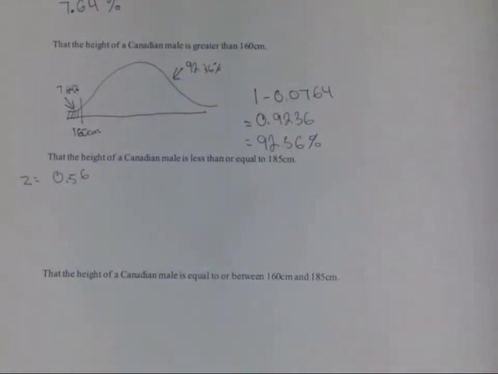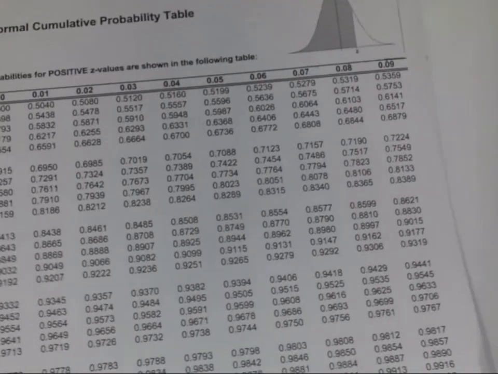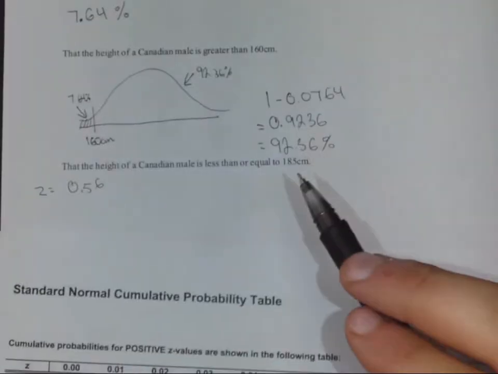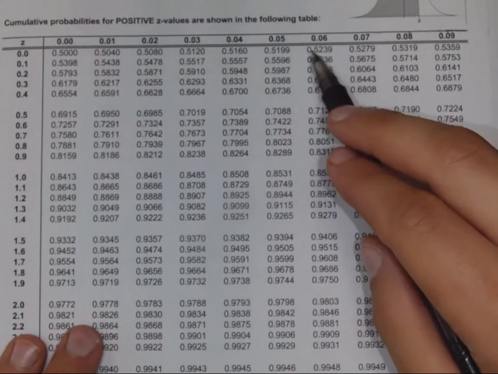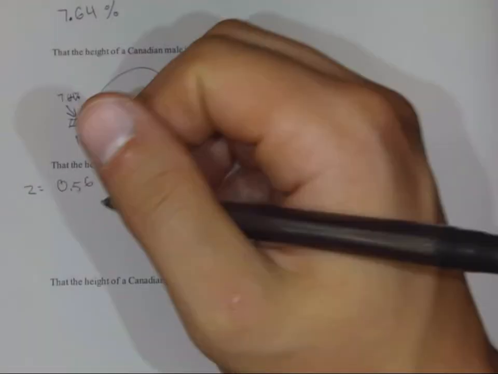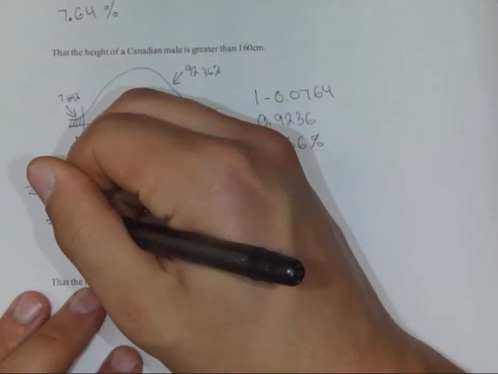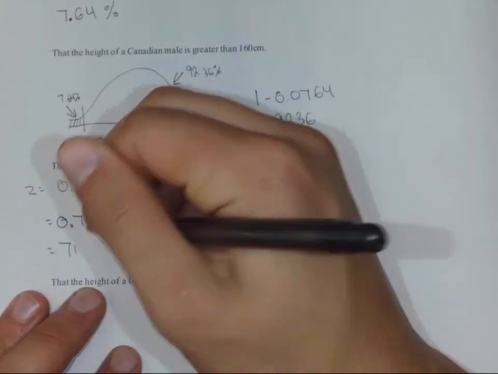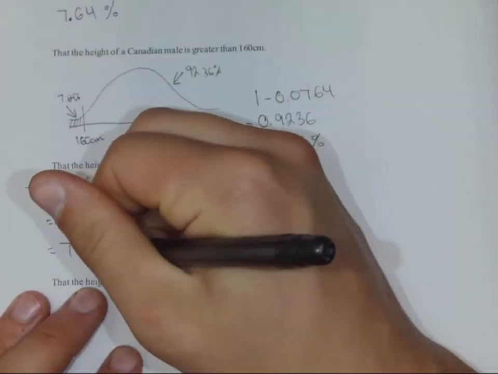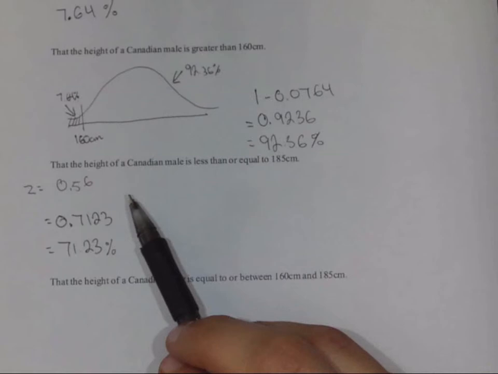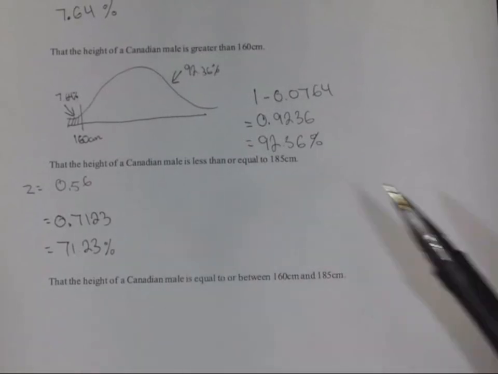Referring to the positive side of our probability table, go 0.5 over to the 6, and we get 0.7123, or 71.23%. That is the probability that the height of a Canadian male is less than or equal to 185 centimeters.